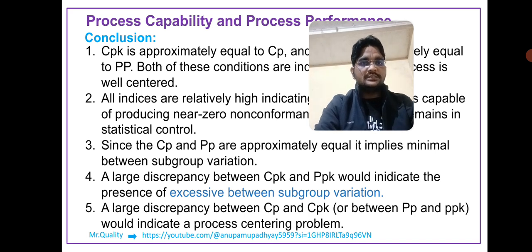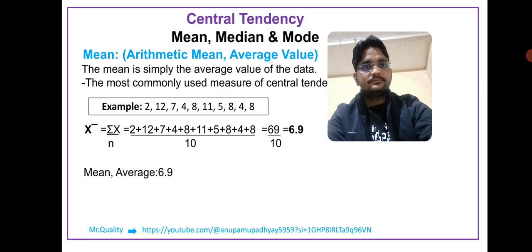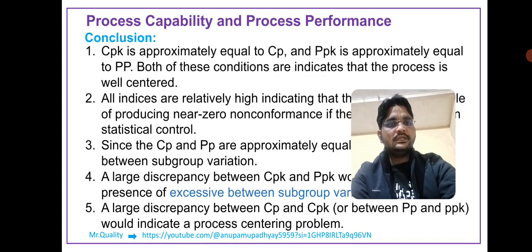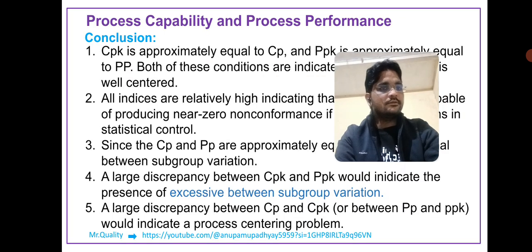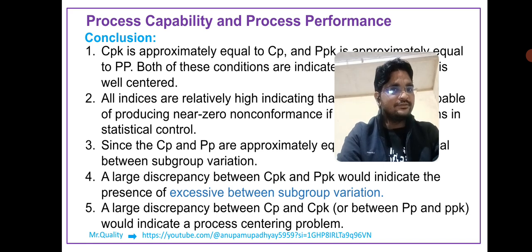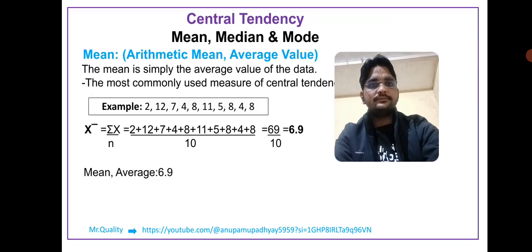Means CPK and PPK indicate excessive between subgroup variation, and CP and CPK indicate a process centering problem. In case the process is centered, CP is equal to CPK, and likewise PP is equal to PPK.